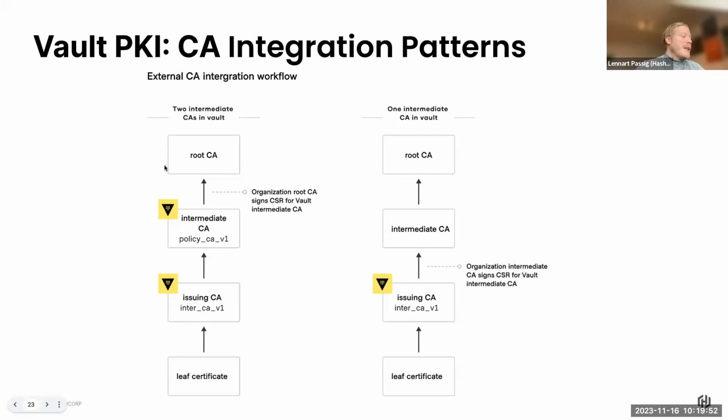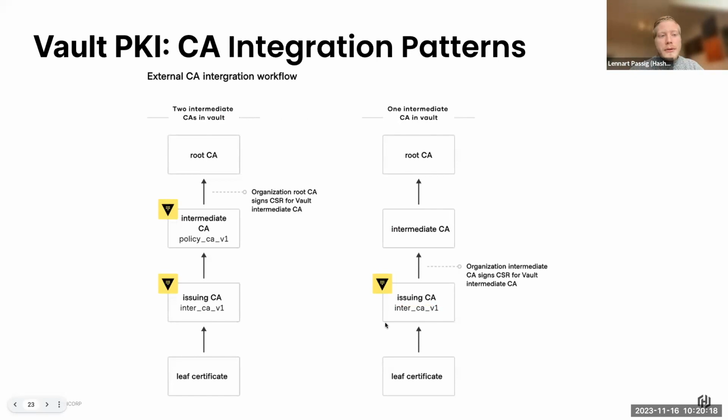We can integrate it with two intermediates if we wanted to, or one intermediate, it doesn't really matter. We can do it how we want to. For example, maybe we have a root CA here, and then an intermediate CA that is also not involved, but the issuing CA, which eventually issues the certificates, is involved.